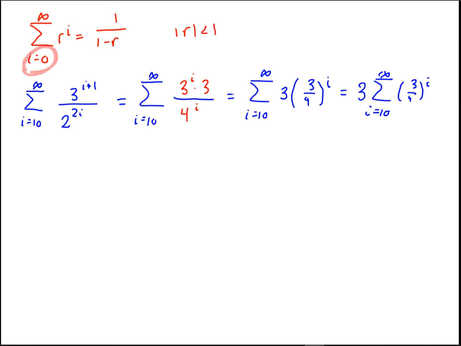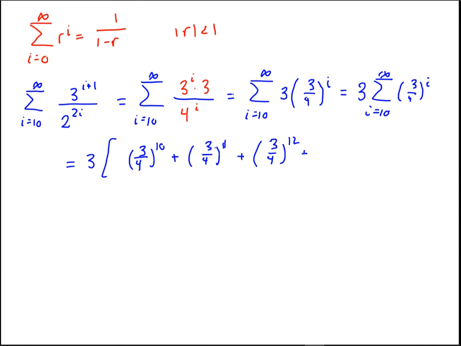I just need to manipulate this starting point. Again, a nice way of doing that is writing out these terms and then figuring out what's going to factor. So this is 3/4 to the power 10 plus 3/4 to the power 11 plus 3/4 to the power 12, and so on.